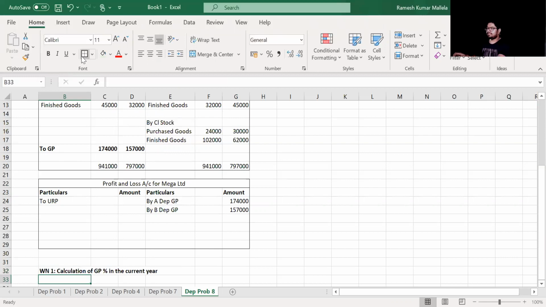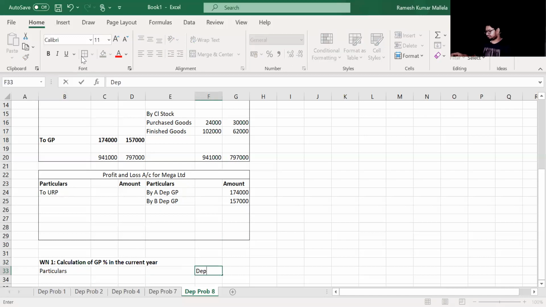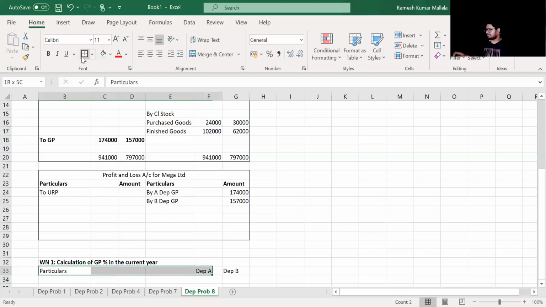Okay. So for this, I'll have to do it for both the departments independently. Since I have data directly, I'll do it using 2 columns at a time. Okay. So particulars, department A and department B. So you have 2 departments here.